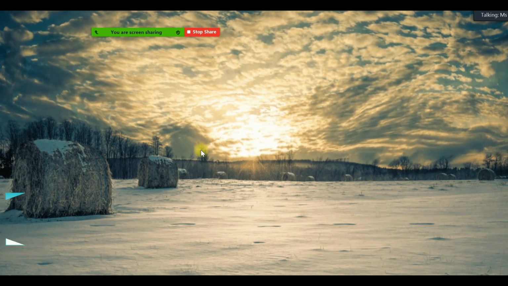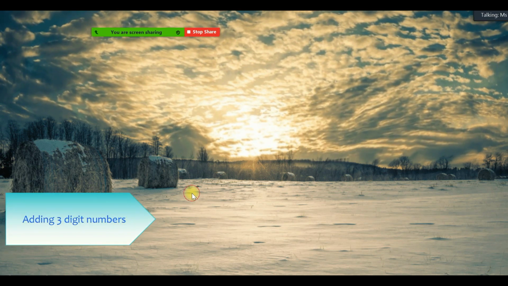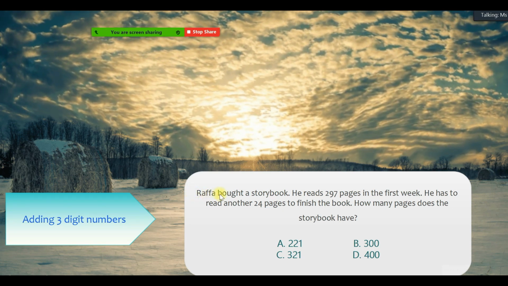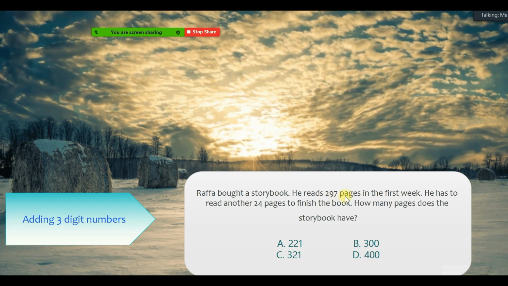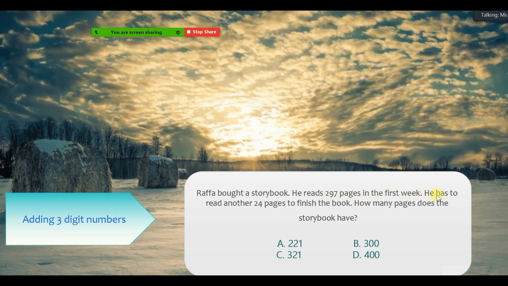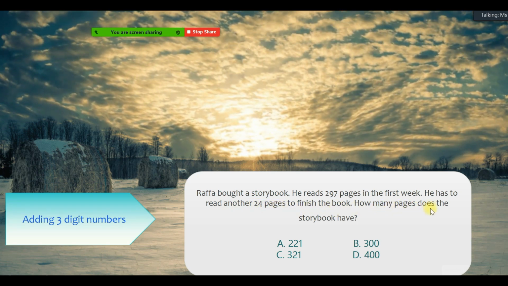Next, adding 3-digit numbers. For example, Rafa bought a storybook. He reads 297 pages in the first week. He has to read another 24 pages to finish the book. How many pages does the storybook have?